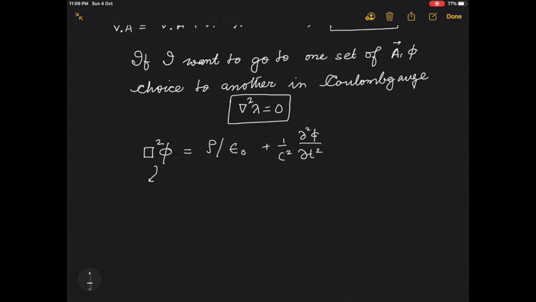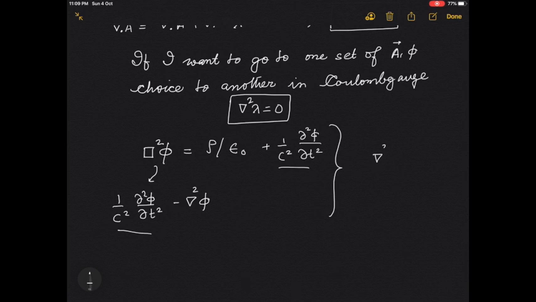But you see, this also had a 1 by c square del 2 phi del t2 and a minus grad square phi. So combining the left hand side written this way, this cancels out. So what I get is the usual looking Poisson equation in an unusual form, because now both phi and rho depend on x and t.